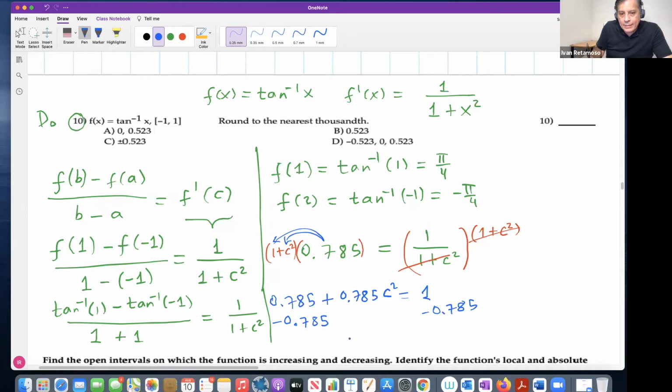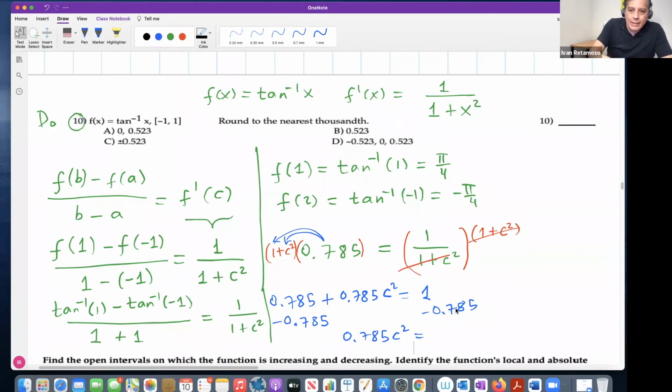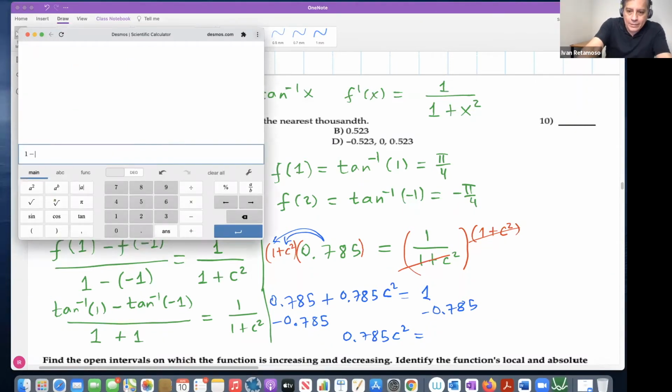And then you will get that 0.785 c squared is equal to this difference, 1 minus 0.785. This is 0.215.